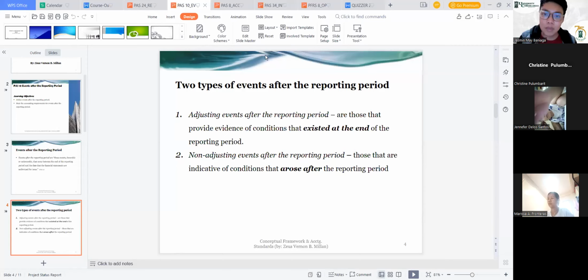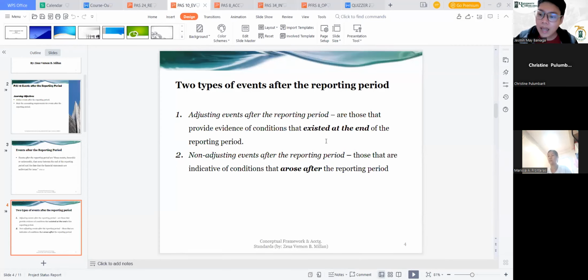Okay? Let's say, for example, our current reporting period is year 2022. So basically our balance sheet will end December 31, 2022, correct? And let's say we have an accounts receivable for year 2022, with an outstanding balance, but the final amount of the said receivable was found out after December 31, 2022.